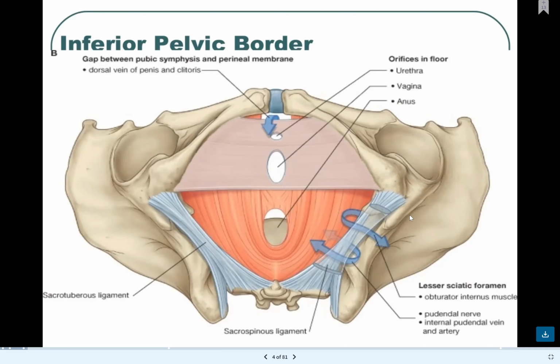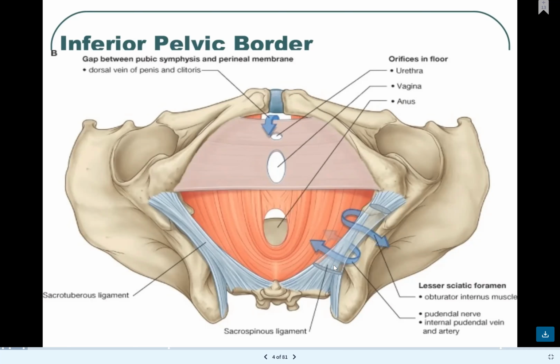All these things are just trying to show us how the nerves will go in. So this is the lesser sciatic foramen, just below this sacrospinous ligament, because it's going to the spine of the ischium.